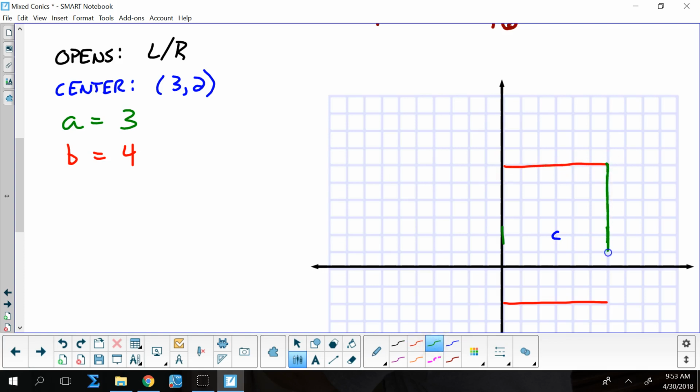There's my box. Since it opens left and right, those are the 2 vertices. So my vertices are at 6, 2 and 0, 2.